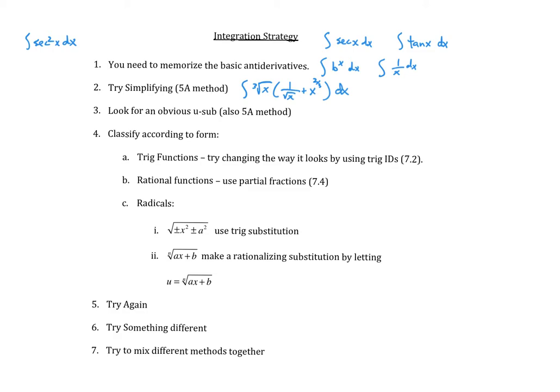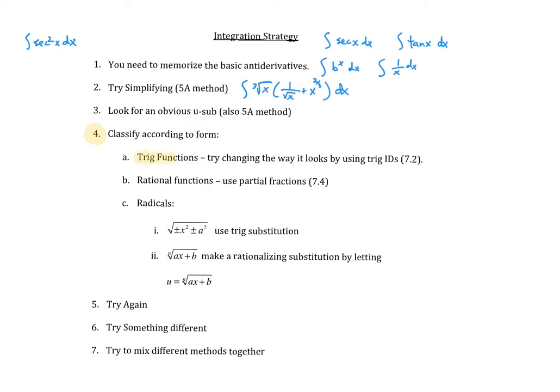Really, in 5b, we work a lot on classifying according to form. So what do I mean by that? If you see a whole bunch of trig functions in there, that's like a 7.2 integral, and you may want to change the way it looks. So we would use trig identities to change the way that looks, right?